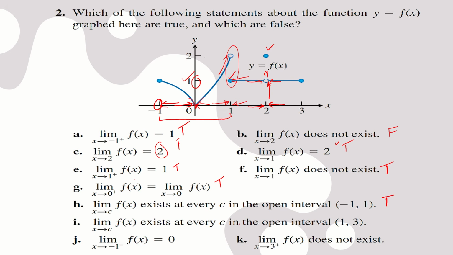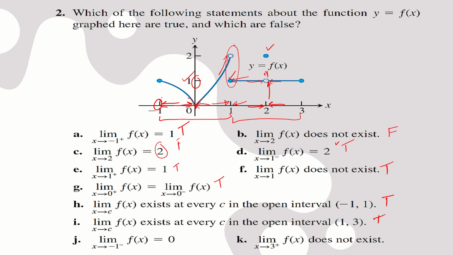And again, it says about the same function at a point c in the interval 1 to 3. So the answer is yes, it is again 1 to 3. We see there is no jump in the graph of the function. So it is also true. Limit x goes to -1 from left side f of x is 0.